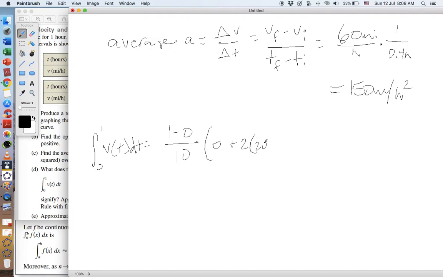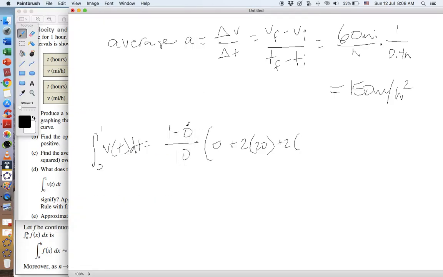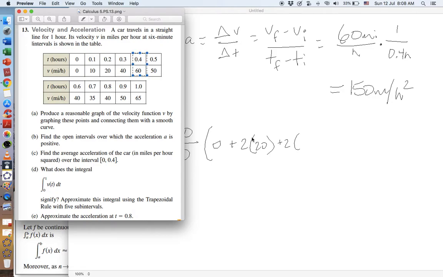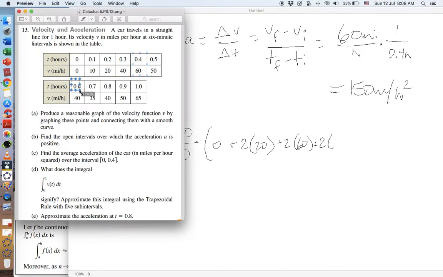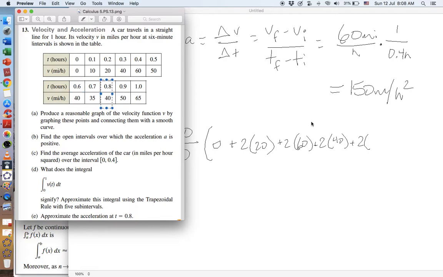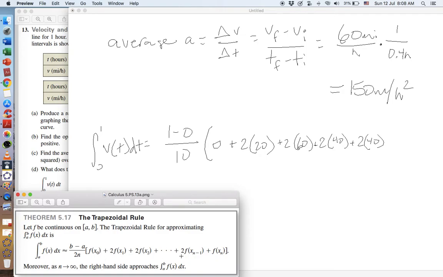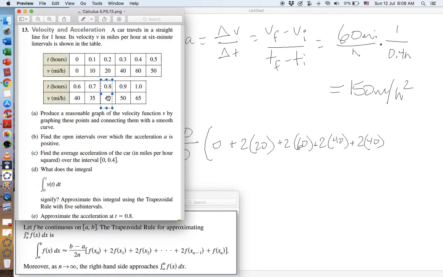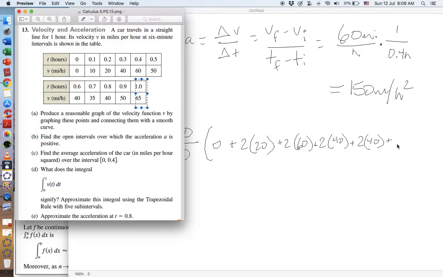So 2 times 20 for that first subinterval, then we're going to add 2 times the second subinterval here, 60, plus 2 times the third subinterval here of 40, plus 2 times the fourth subinterval here of 40, plus all of those, dot, dot, dot, plus at the end just the last value. So we had the first and last value, plus 2 times the intermediary values. You got 65 there.